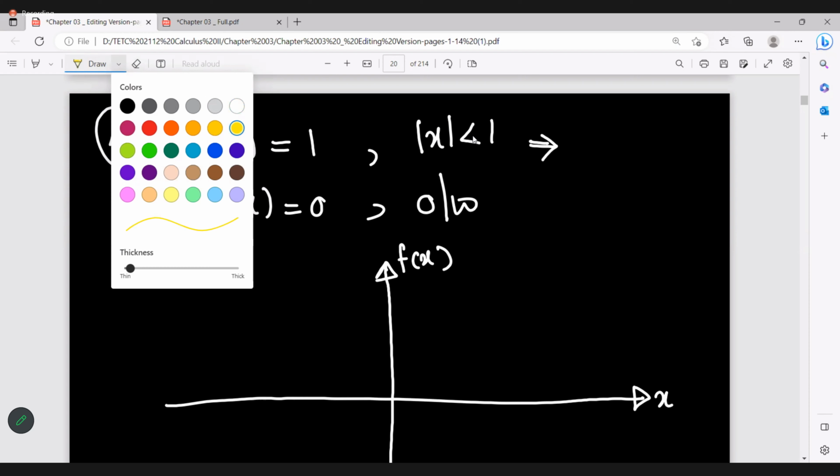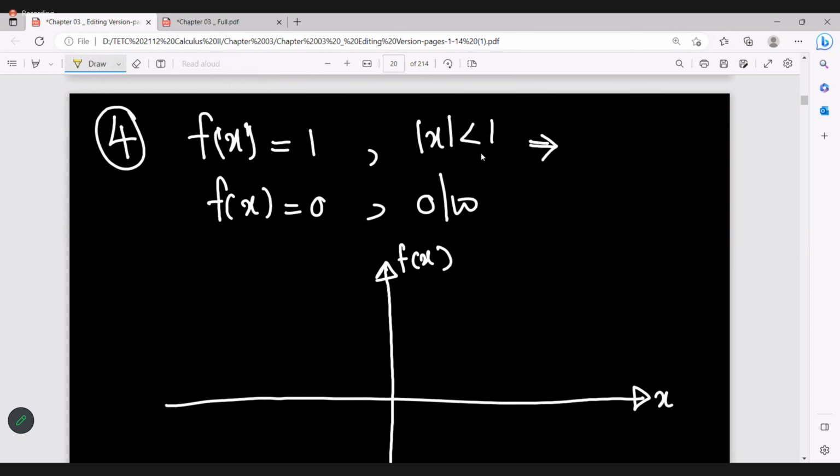The absolute value of x less than 1 means the value of x varies in between -1 and +1. So if absolute value of x is equal to 1 means x is equals to +1 or -1.